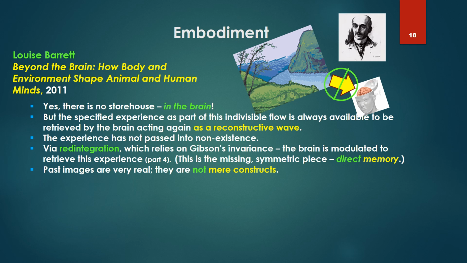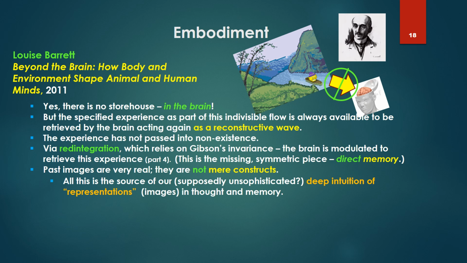This is the missing but symmetric piece to direct perception, namely direct memory. That is, it's missing in the current Gibsonian framework of thought, as we're reviewing here. So past images are very real. They are not mere constructs. All this is the source of our supposedly unsophisticated, deep intuition of representations in thought and memory.